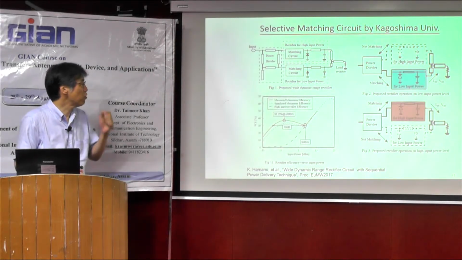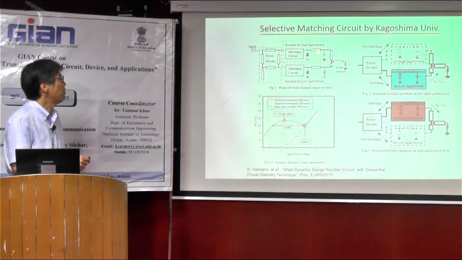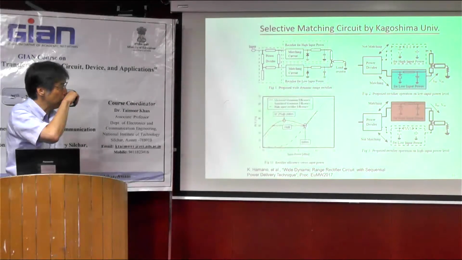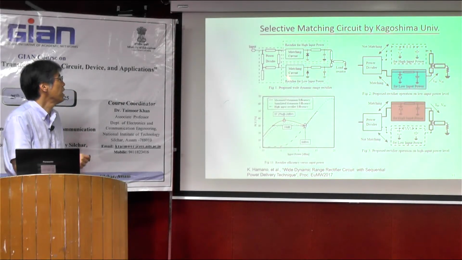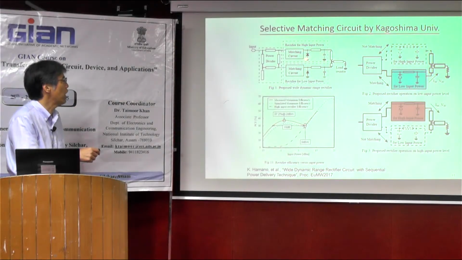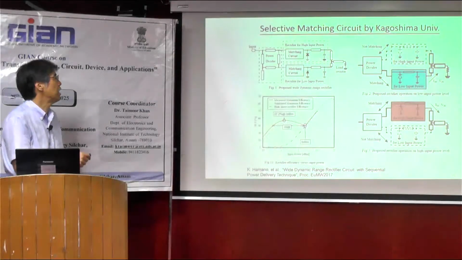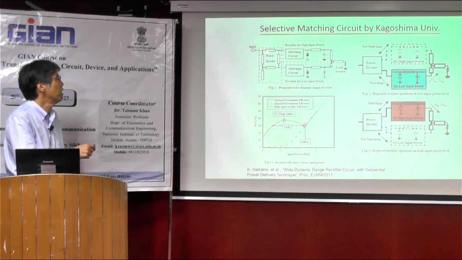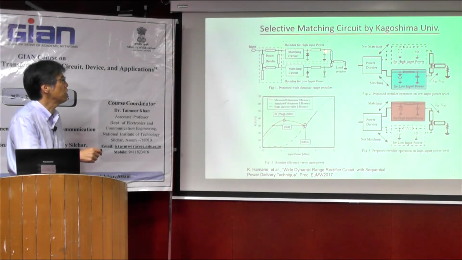And the other group proposed a power-dividing selective matching circuit to improve this low power area. So it's very close to the Doherty amplifier circuit. They put two rectifiers, high input and low input, and they change the matching circuit. When high input is passing through the circuit, the high power is led to this high power circuit.